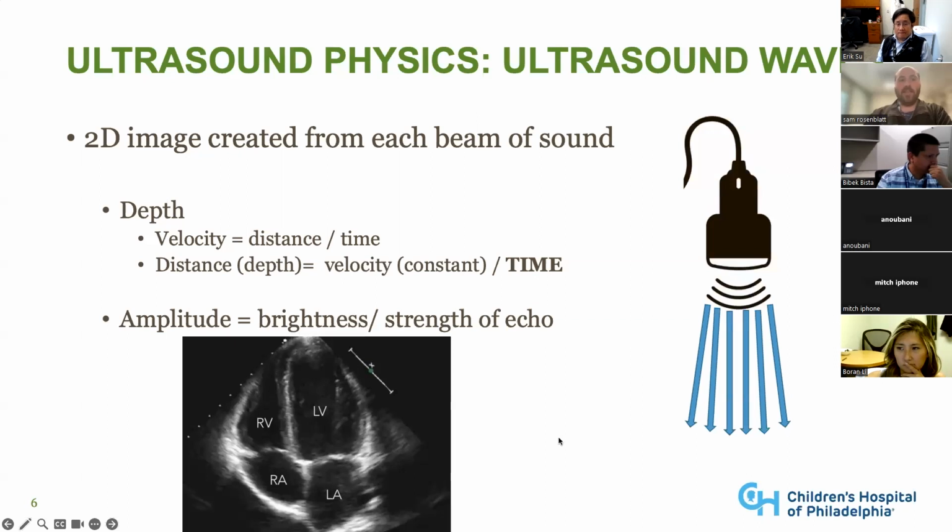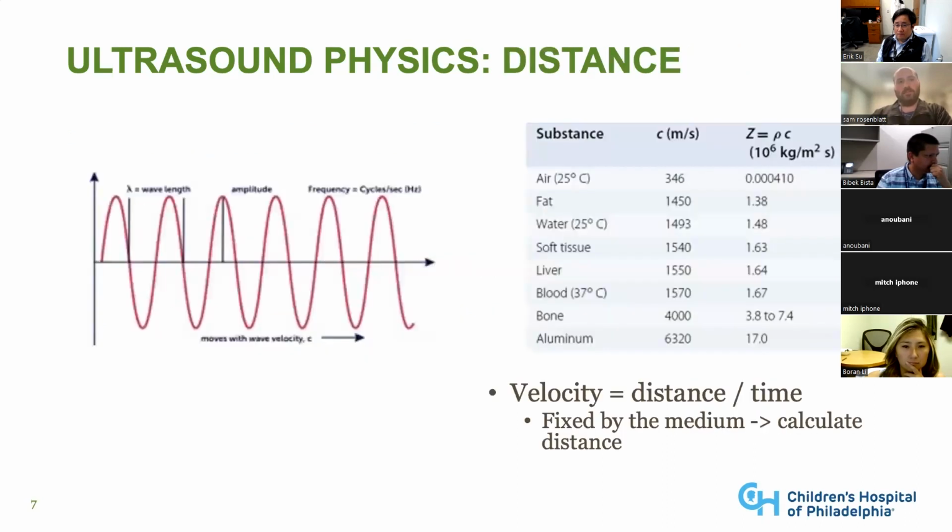The other thing is amplitude, which is related to the brightness or the strength of the echo that is coming back. How strong is it going down and then coming back? That relates to the properties of the medium it's going through, as well as the reflective properties, refractive properties, and attenuation of some of those sound waves. We just talked about velocity being equal to distance over time.